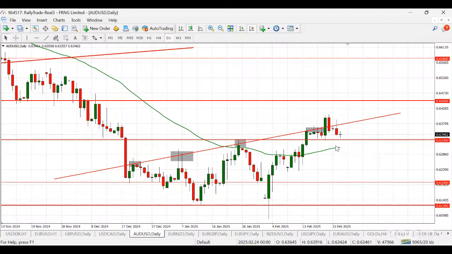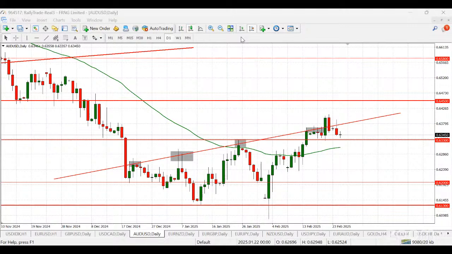But again, like I said, if this plays out as expected and we get a close below this support at 0.633, we can expect lower prices from there. The price will definitely react to the 50 period moving average, but first, we need price to break below this support level for confirmation.